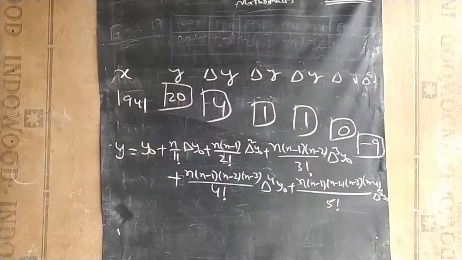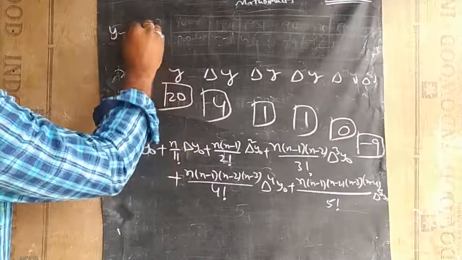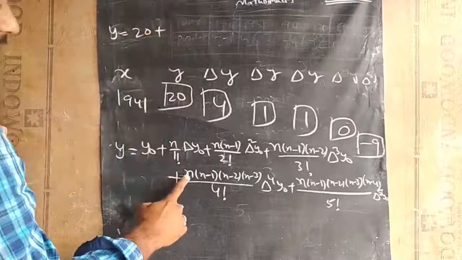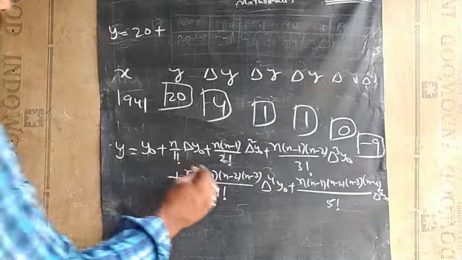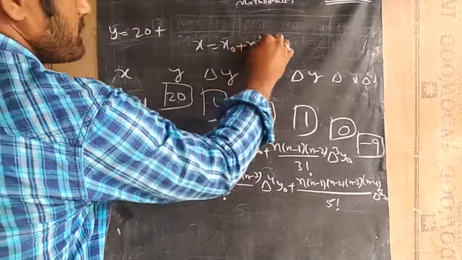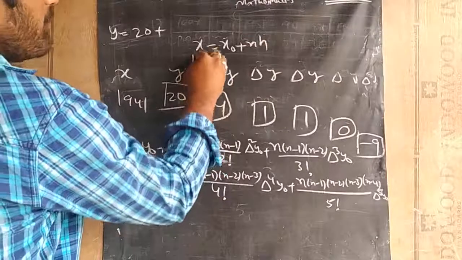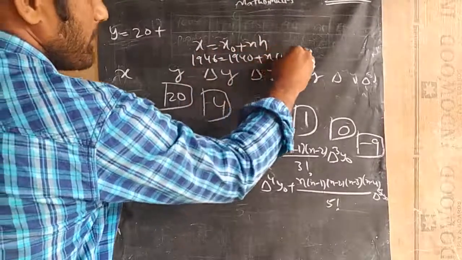If I substitute the values, y is equal to y naught, that means 20, plus the n value. What is the n value here? Oh, sorry, previously for 1946, x is equal to x naught plus nh. The x value asked is 1946, the starting value is 1941, plus n into 10.